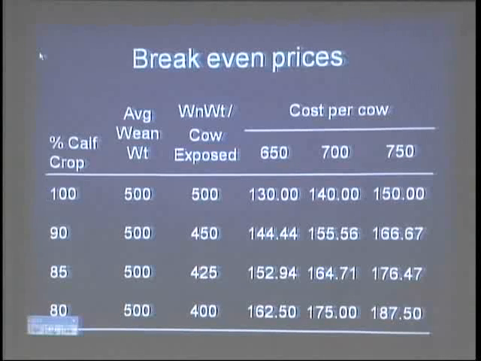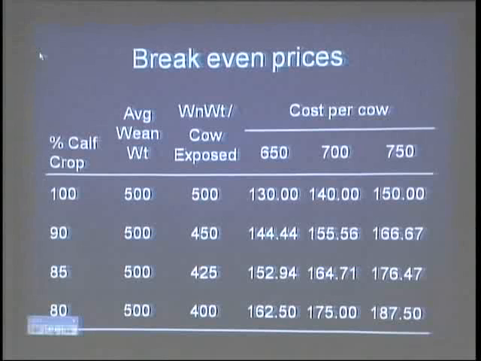Now, if we could get 100% reproduction, which is pretty hard to do, but some people might get close to that. If we could get 100% reproduction or 100% calf crop and it cost us $750 per cow, is there a production system that might be more economically attractive or lower our break even?